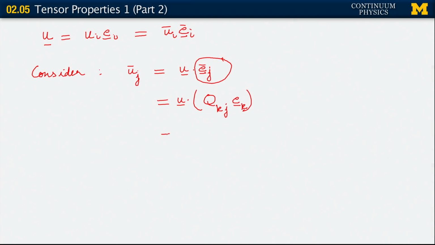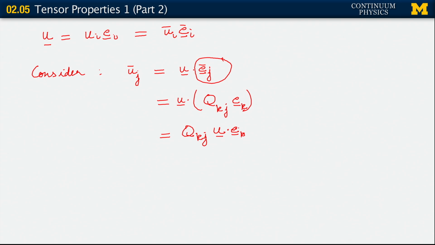Now the Q_kj are just scalar components, so the dot product's linearity allows us to write this expression on the right-hand side as Q_kj, U dotted with e_k.